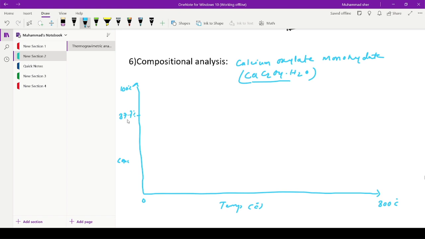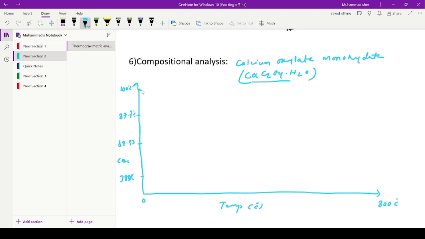As we increase the temperature further, let's say at this stage the concentration becomes 68.53%. Let's say at this area the concentration becomes 38% as we increase the temperature.